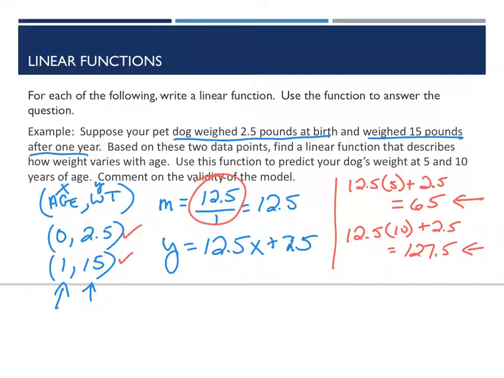The rate that a puppy is going to grow is going to be huge that first year, but then it's going to level off very soon after 1 year. So we're going to have a whole lot of growth that first year, and then we shouldn't have a whole lot of weight change afterward, unless there's something seriously wrong. So just because we can do a linear function doesn't mean we should. Not everything is going to follow a linear pattern.